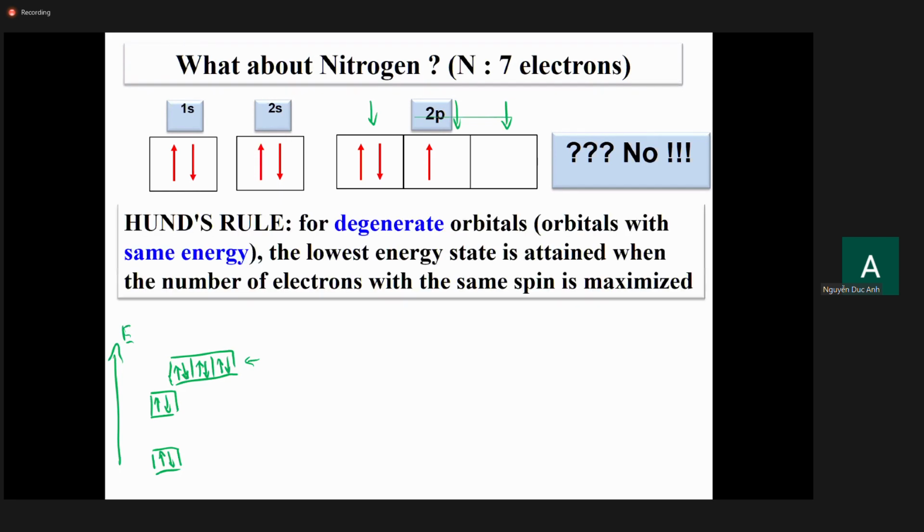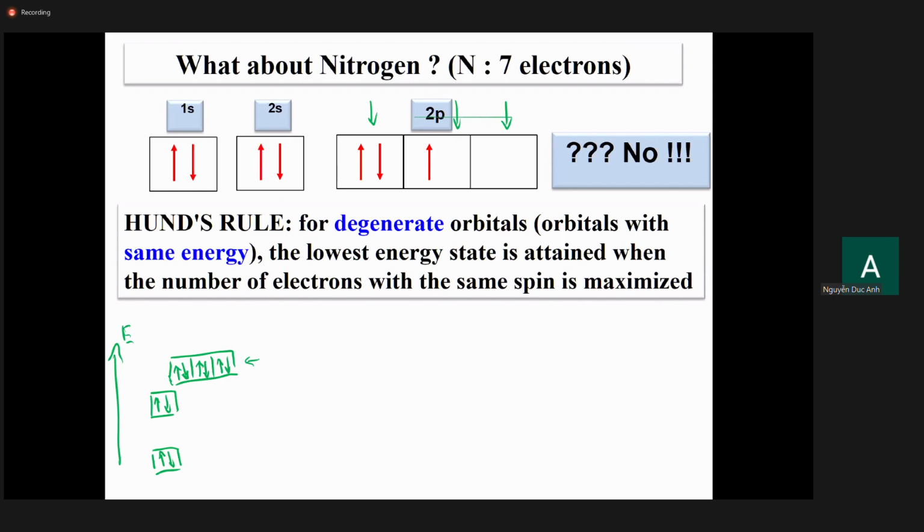Okay. So this one is the Hund's rule. Okay. This one is namely about degenerate orbitals, orbitals with the same energy. This rule says that to fulfill the orbitals, the lowest energy state will be attained when the number of electrons with the same spin is maximized.